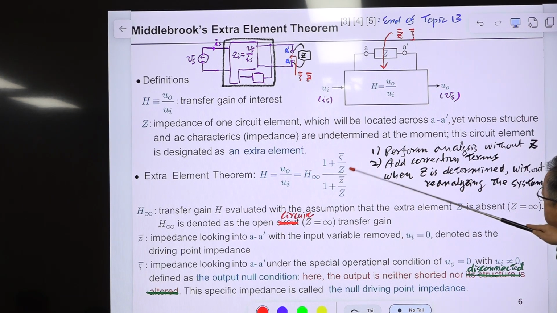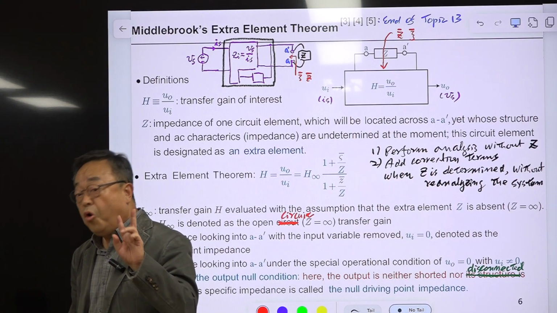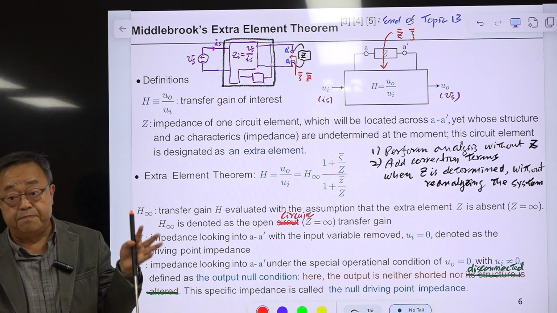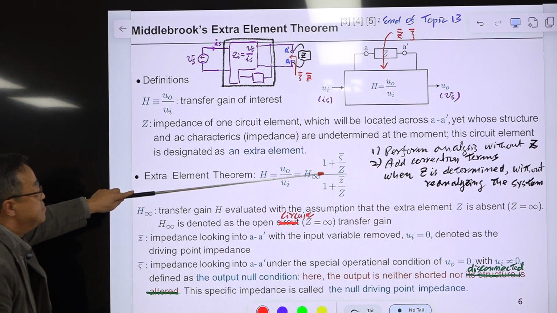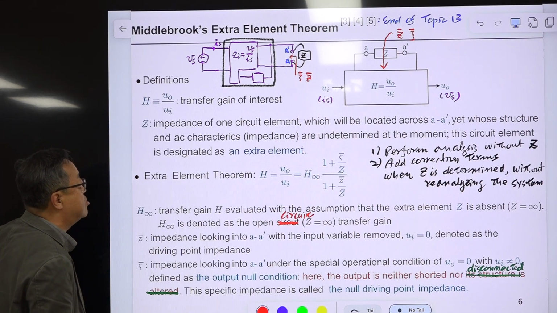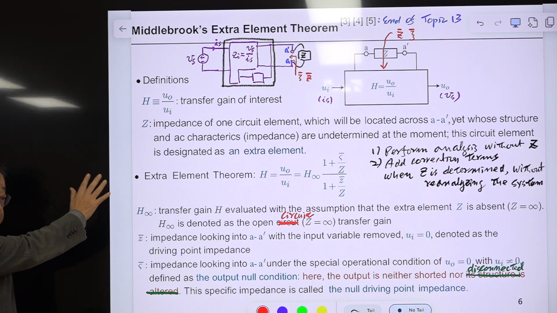Then you add just this correction factor or modification factor. So don't repeat the analysis all over again. Use the result of the previous analysis and add the extra effect of this G, which was the extra element. That's the basic idea of the extra element theorem.